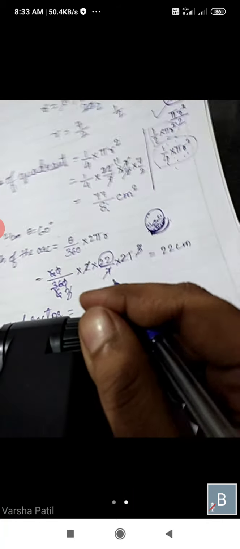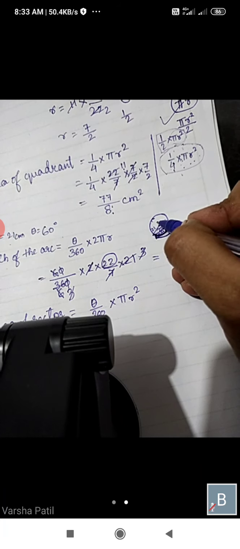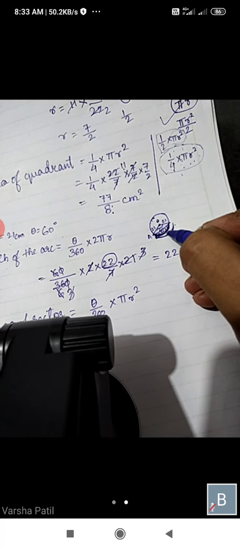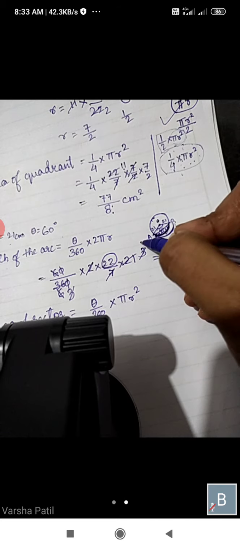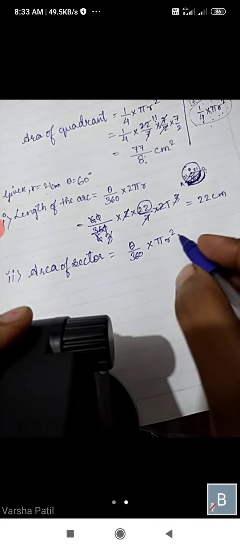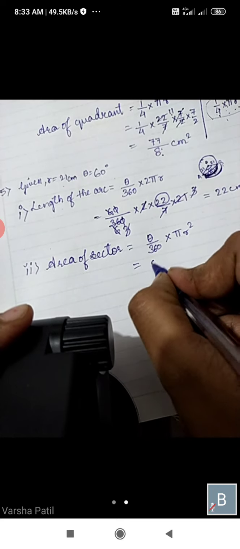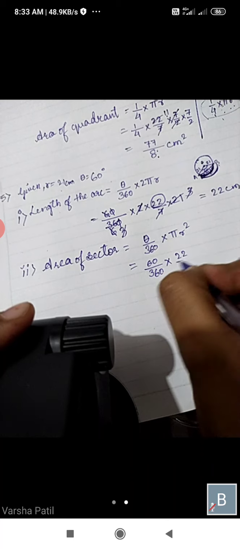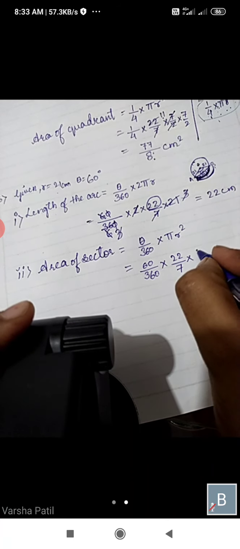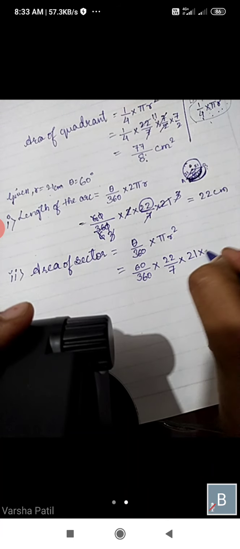Now see here in the figure, if this is center O, A, and if I point here as P, B, and see here, this is nothing but your area of sector. So area of sector you are going to find by this formula. Tell me the substitution. 60 by 360 into 22 by 7. R square is nothing but 21 square, so I am writing 2 times.